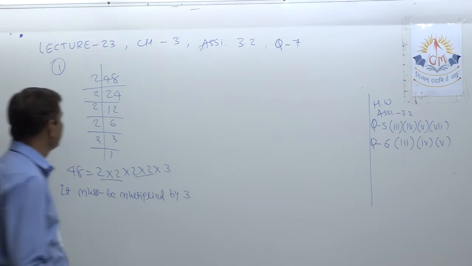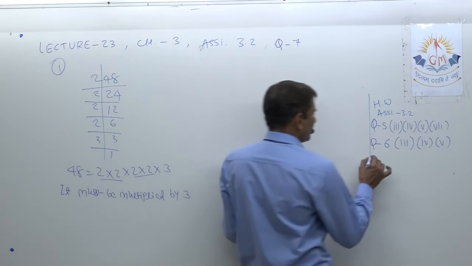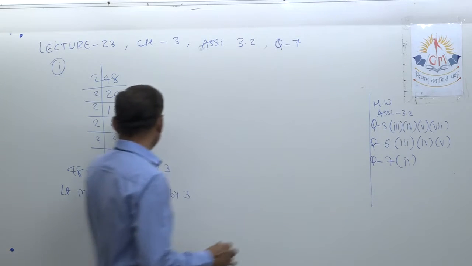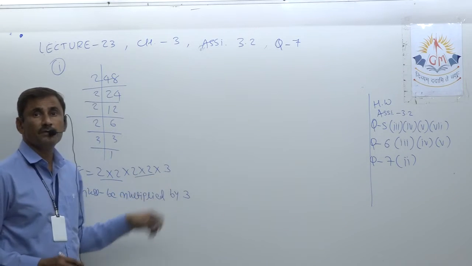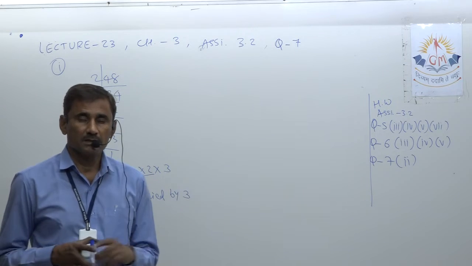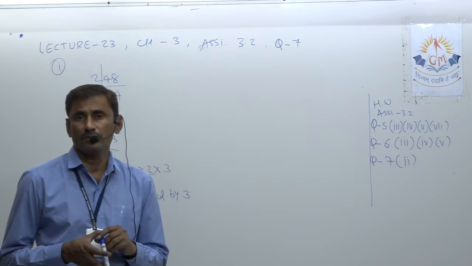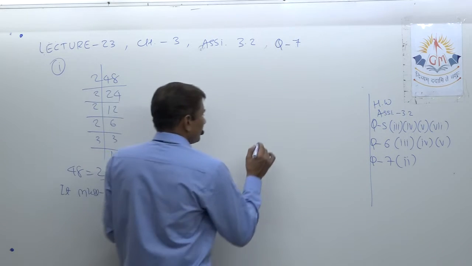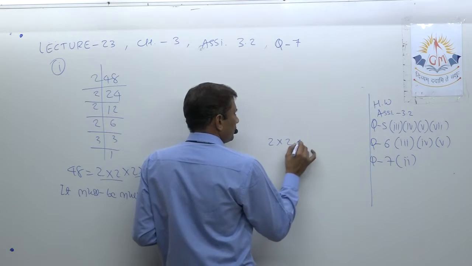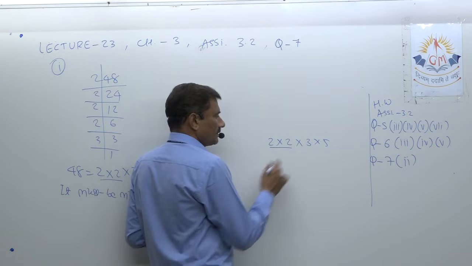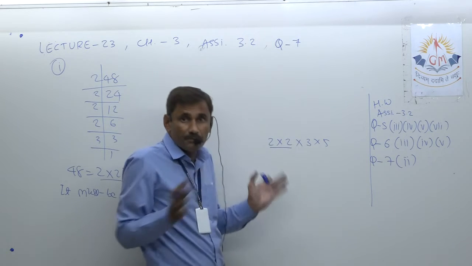Okay, same way, the second one in question 7 is homework. Very easily you can find it. Just prime factorize it. At last, any one number may be not in a pair, and by that number you have to multiply. Suppose another number is also there. Suppose somewhere you got 2 into 2 into 3 into 5. So the 2s are in pair, but 3 as well as 5 are not paired.